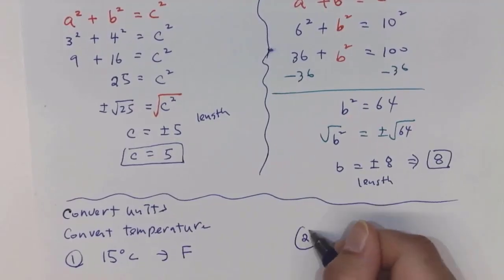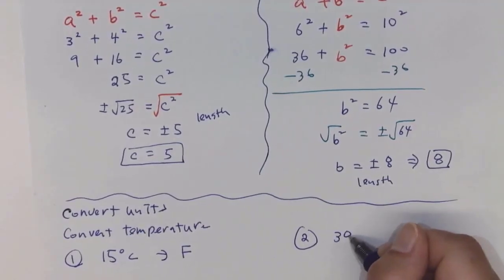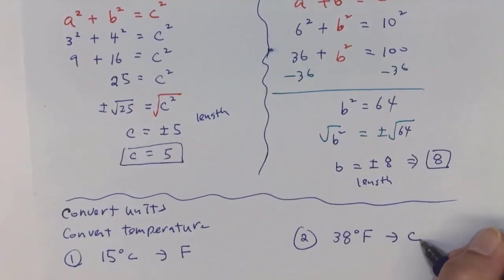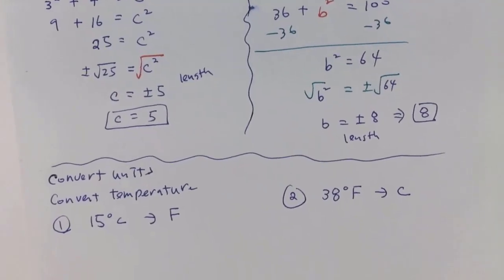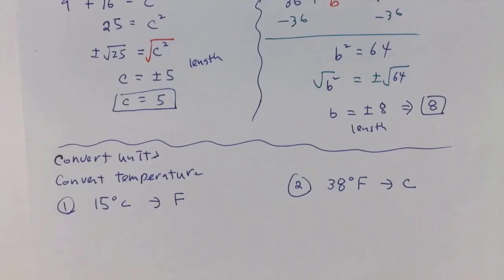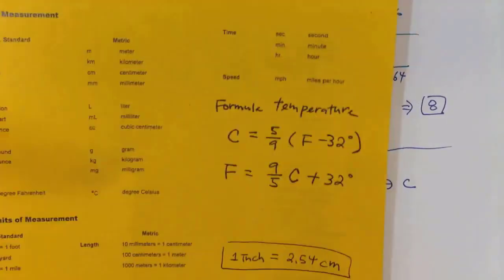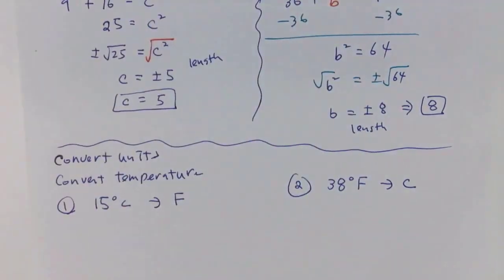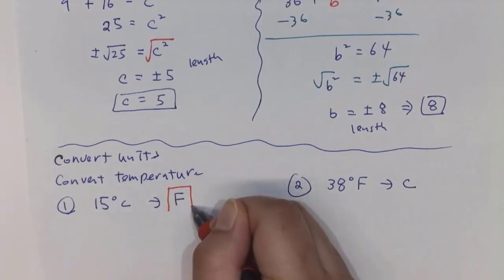The second question we're going to try is starting from 38 degrees Fahrenheit to Celsius. Which formula should I use for the first one? Looking at your yellow handout with these two formulas, which one should I use? The one started with F or C? Your answer needs to be in Fahrenheit, right?